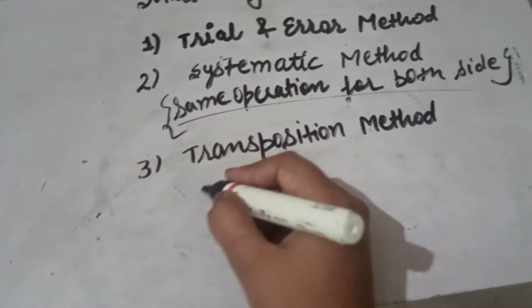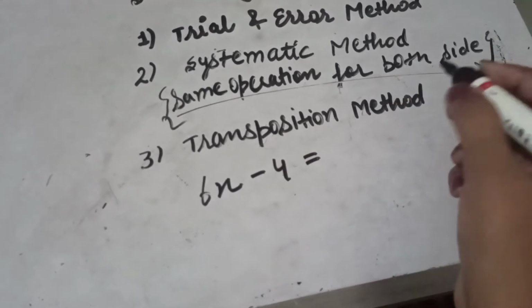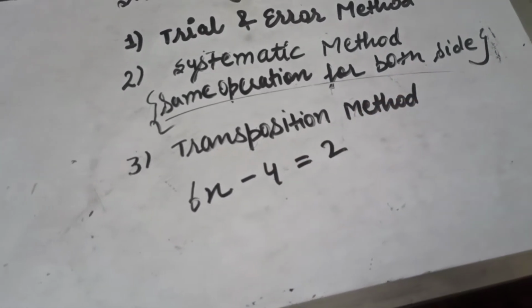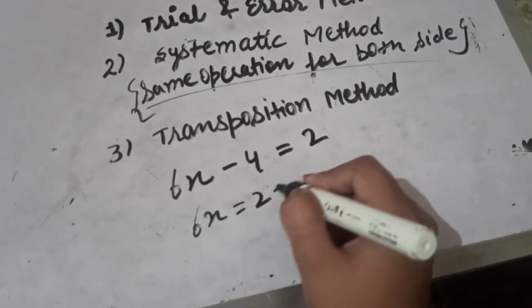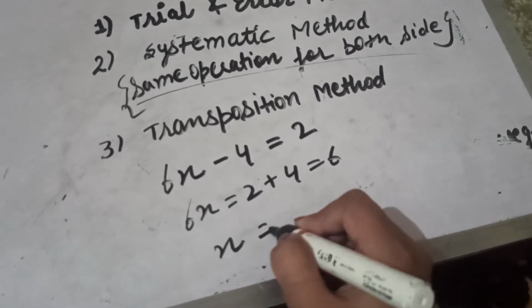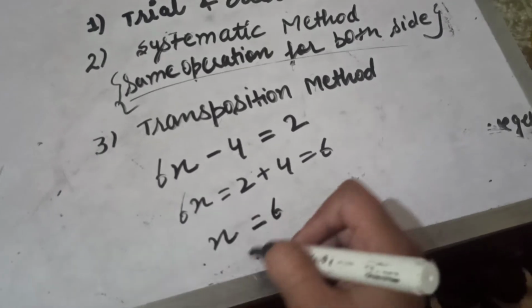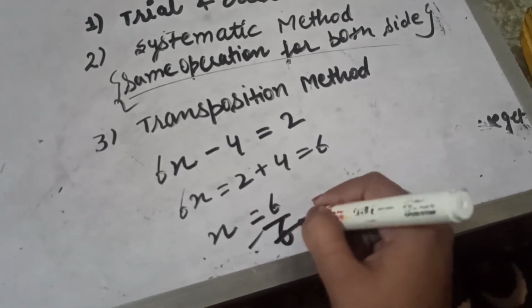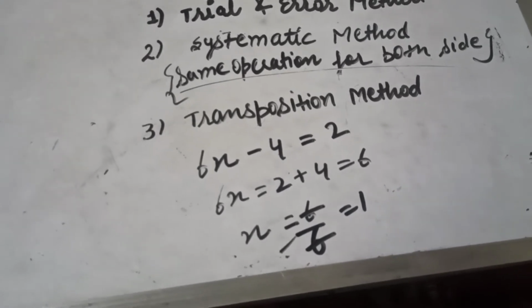Like 6x minus 4 equals 2. I will take this 4 to this side, 2 plus 4, it becomes 6. Now I have to find the value of x. 6 will remain here. This 6 will come as denominator and it cuts, and 1. Here you don't have to write anything.